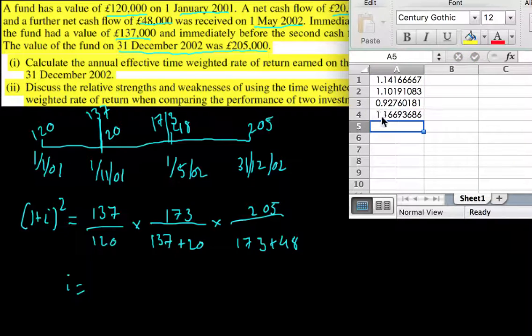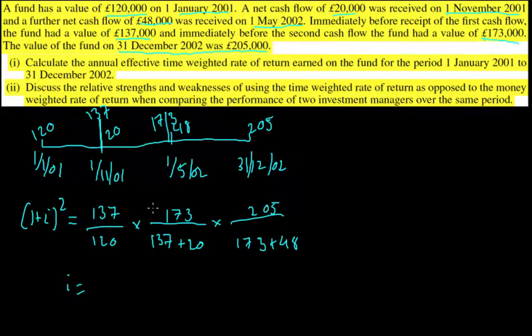This is what 1 plus i squared is equal to, so we put that to the power of half, and then we minus 1. That's going to give us 8.02% per annum. It is 8.02%, and that's per annum. So that's our answer to part i.